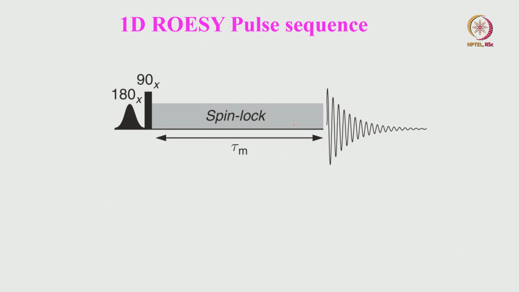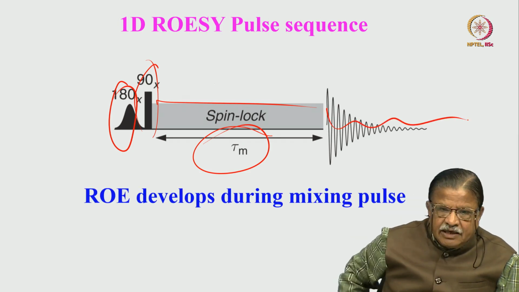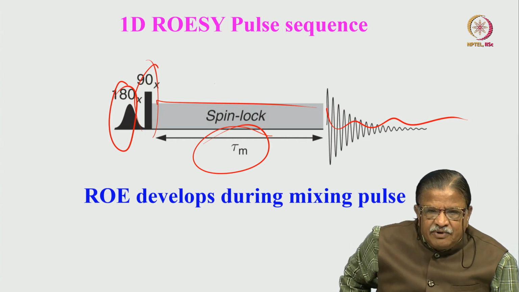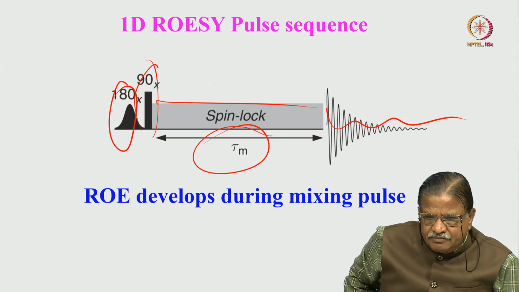So, this is a simple 1D ROESY pulse sequence. We apply a 180 pulse on the selective spin, followed immediately by a 90 pulse, apply a spin lock, this is called the mixing time, that is where ROE takes place, and collect the signal. ROE develops during the mixing time. This is a simple one dimensional ROESY pulse sequence.